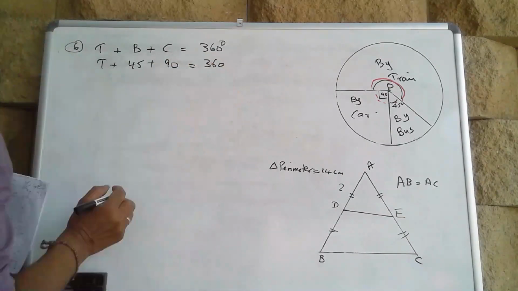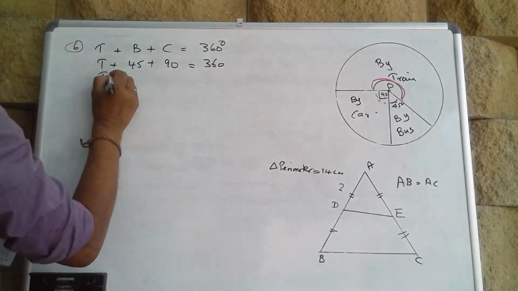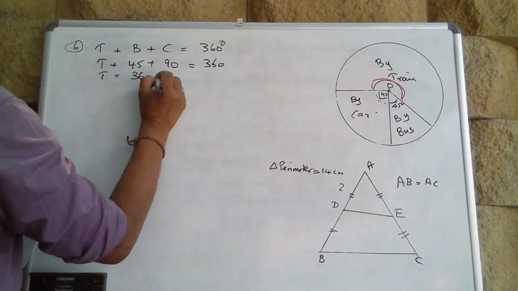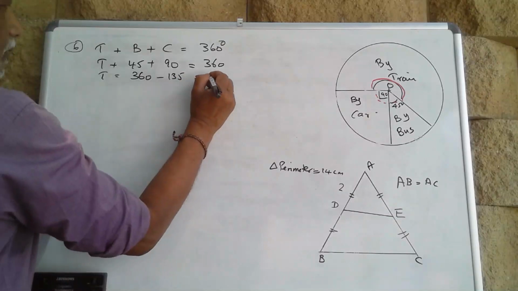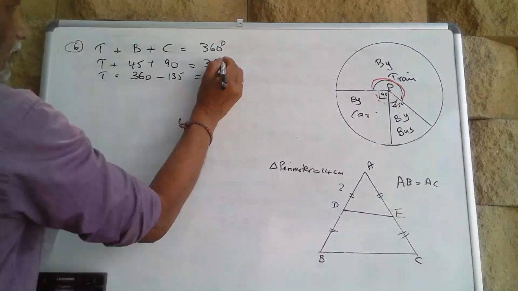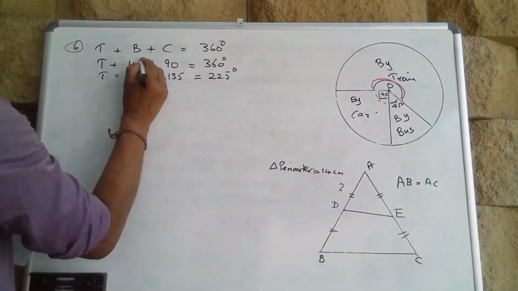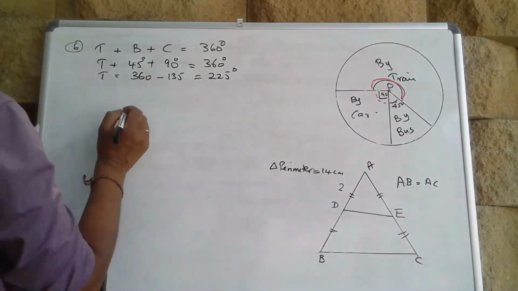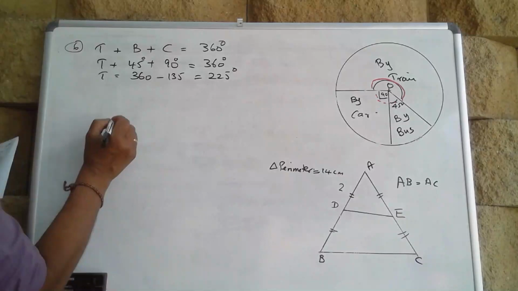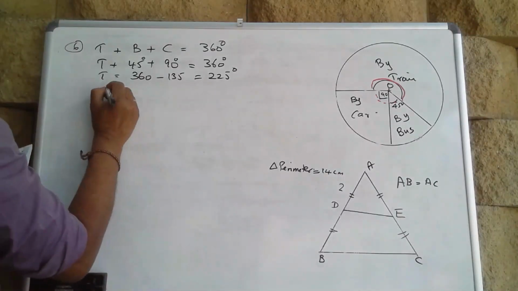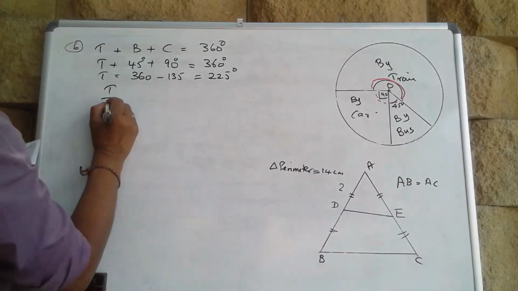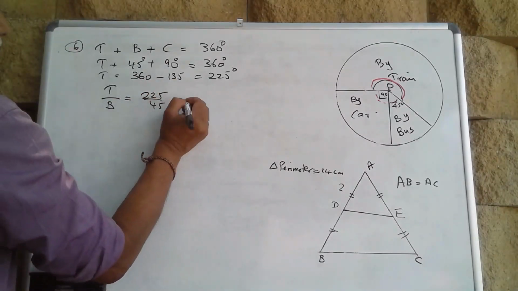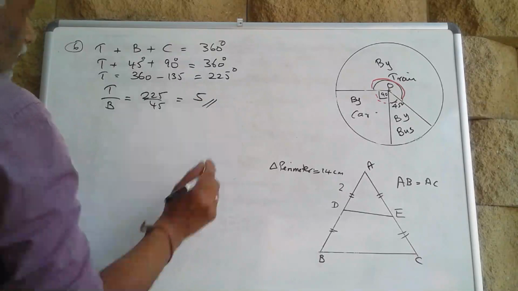So T equals 360 minus 135, since 45 plus 90 is 135. That's going to be 225 degrees. Now the ratio between the train and the bus: train divided by bus equals 225 divided by 45, which is simply 5. So that's the answer for question number 6.